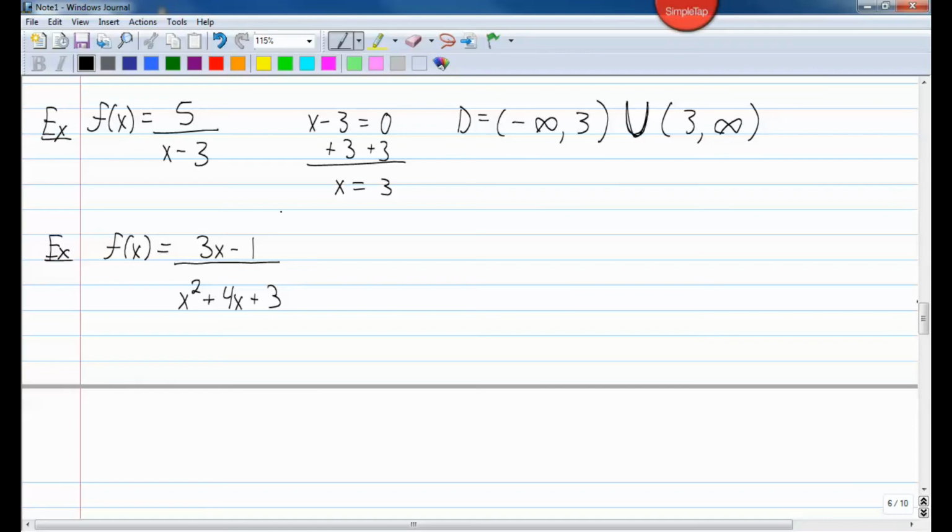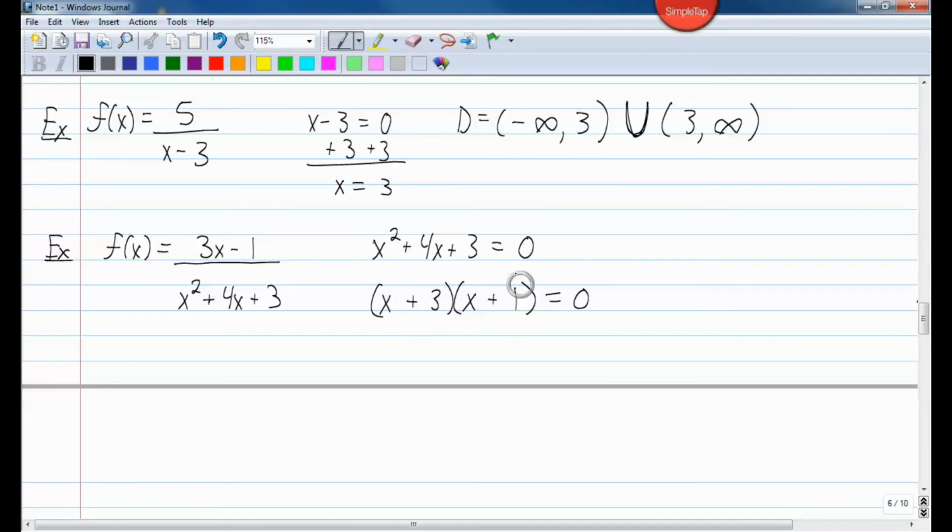Alright? So what we need to do is we need to take the denominator and figure out when will it equal 0. So set the denominator equal to 0. And solve this using any method that you know how to use. On one like this, I would suggest factoring because it will factor. So x plus 3, x plus 1, right?